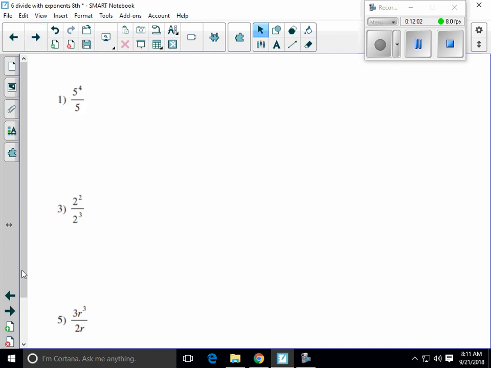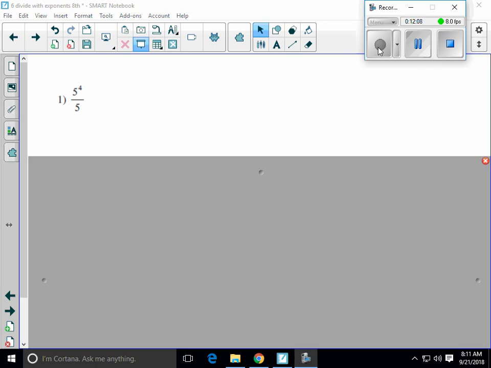Okay, here are some odd ones for you to try out. Okay, this first one, remember 5 to the first, so you have 5, 4 minus 1 is 3. So 5 to the 3rd power over 1. But again, if the 1 is in your denominator, dividing by 1, you don't have to write that. So just 5 to the 3rd is fine.